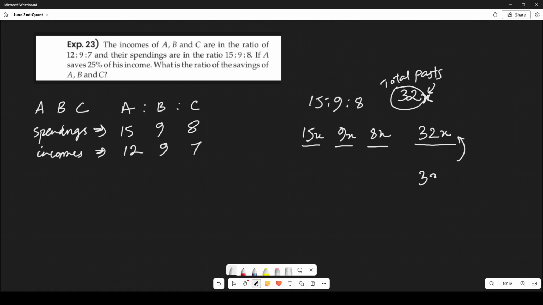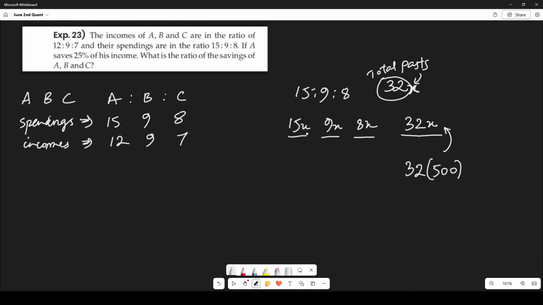So in this case, if 500 was the common factor, we just multiply these two: 32 times 500, 16,000 is the total salary.